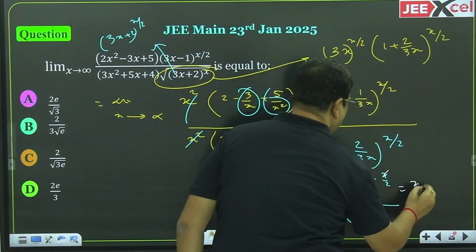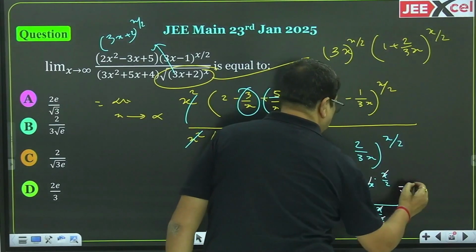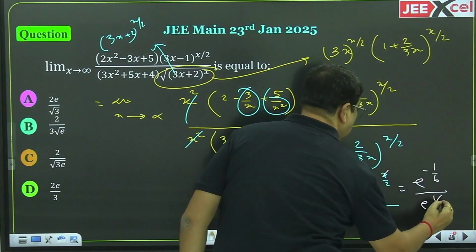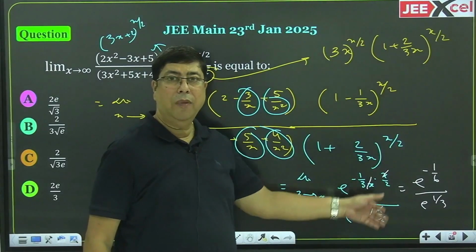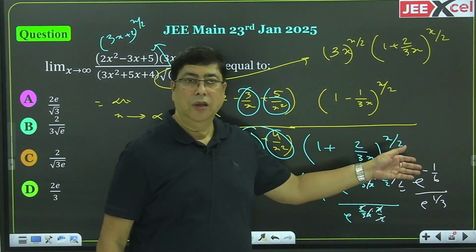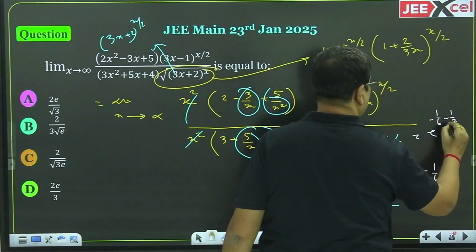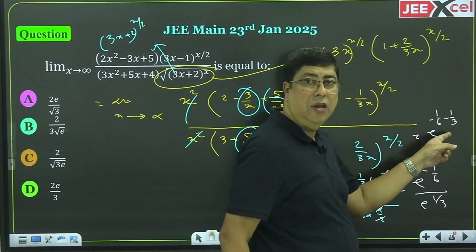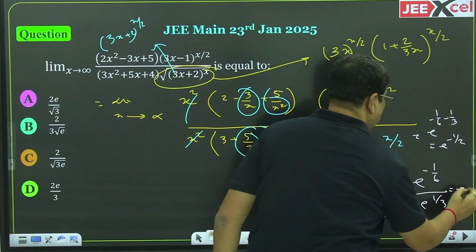We are getting e to the power minus 1 by 6 by e to the power 1 by 3. A to the power m by a to the power n is a to the power m minus n. So e to the power minus 1 by 6 minus 1 by 3. 3 2s are 6, so multiply by 2: minus 1 by 6 minus 2 by 6, 3 by 6, so e to the power minus half.